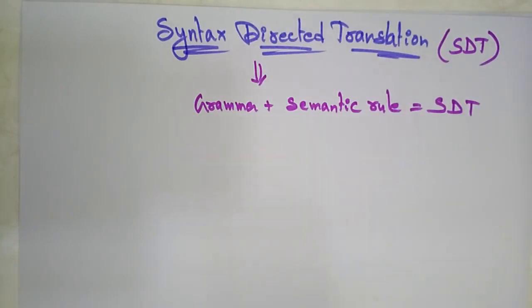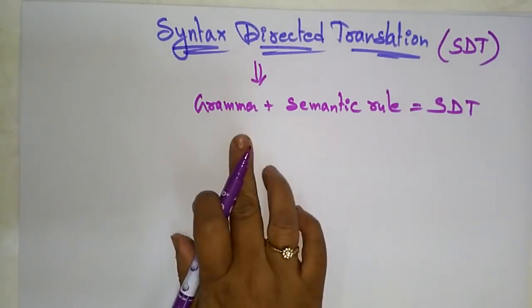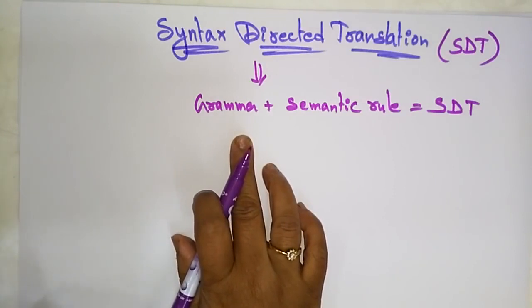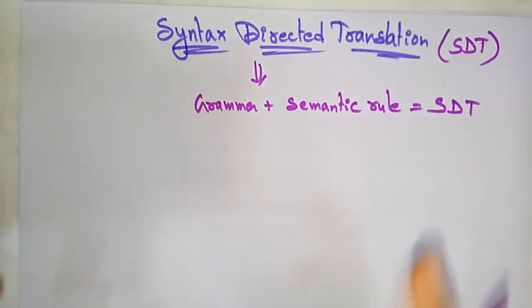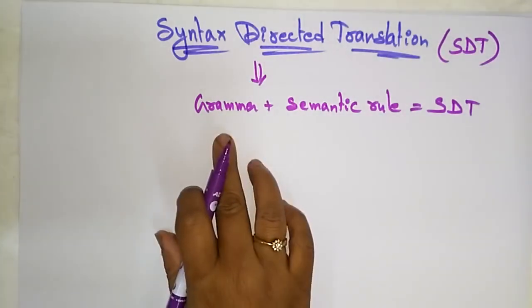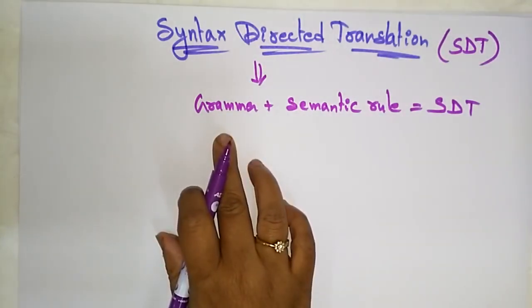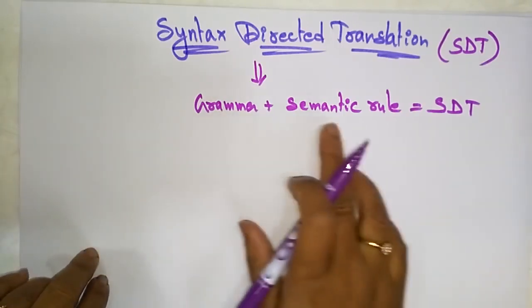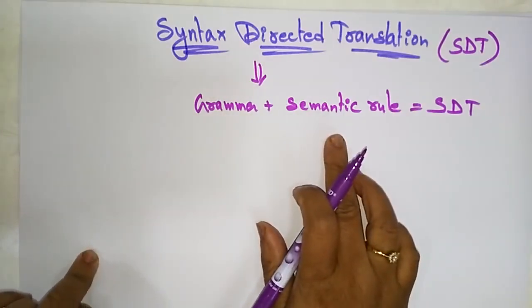In syntax directed translation, the grammar is nothing but the productions. Whatever productions you are given, like E derives E1 plus E2, that is the grammar productions. Along with the grammar, we associate some informal notations.